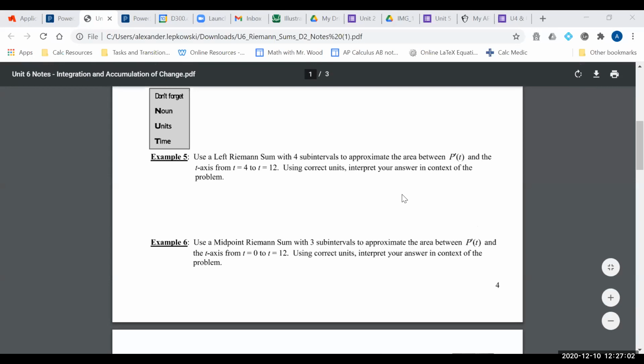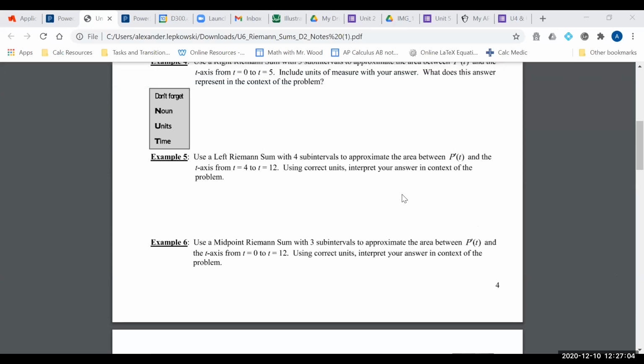Okay, so before I get into example 6, the question is, is there a disadvantage to using non-uniform base? And the answer is yes, because when you're using a non-uniform base, the calculations are not quite as efficient. We talked a little bit about last time how if you have a uniform base, you can factor that out and then just add all of your heights together. And then after you've added your heights together, you can multiply them all by the same number.